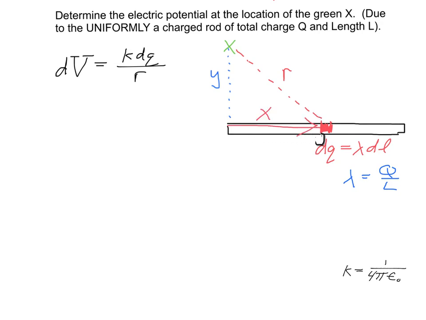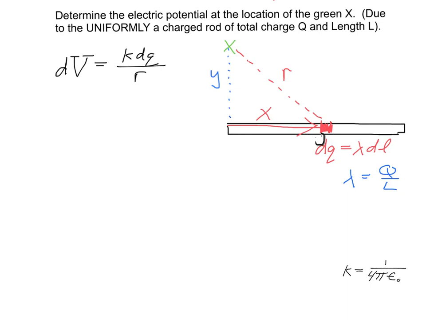We might as well. Of course, now we've got to make some modifications to what we've written before. I had dq is lambda dl, where dl was some differential length. Now, if I'm representing this thing here by x, then some increment of that, some little infinitesimal of that, would now be a dx. So x is our variable of integration.